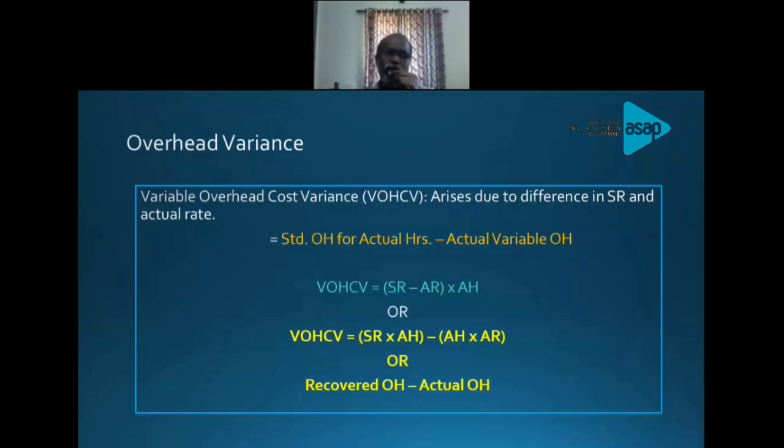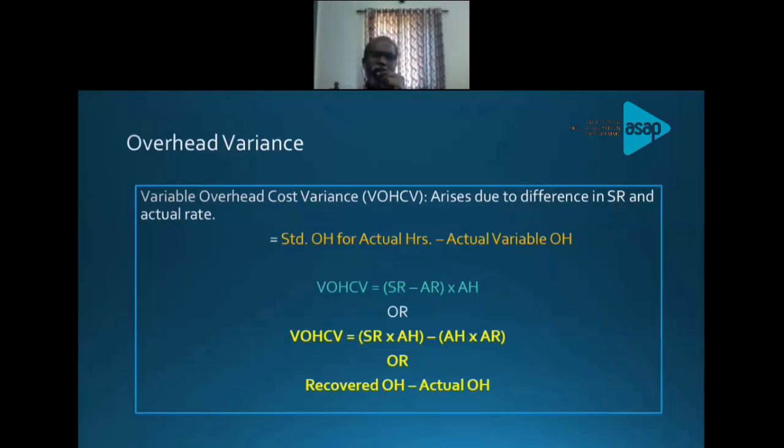Now we are dealing with variable overhead variance. The first one is variable overhead cost variance. Variable overhead cost variance is the difference between standard overhead for actual hours and actual variable overhead. It is simply the difference between the standard overhead for actual production and actual variable overhead.